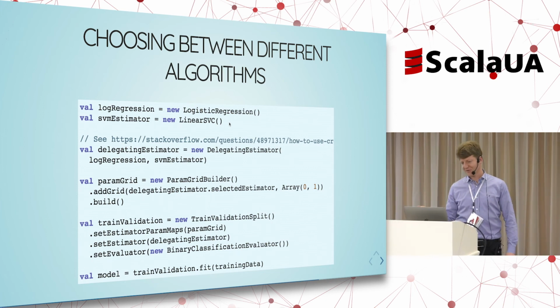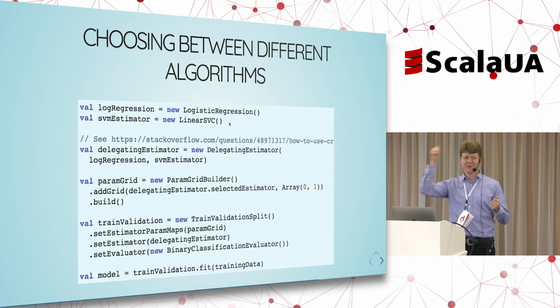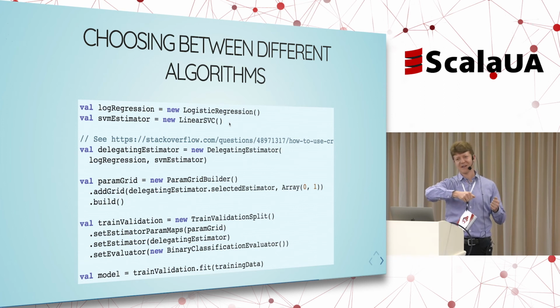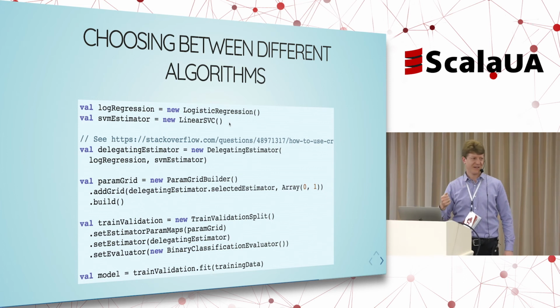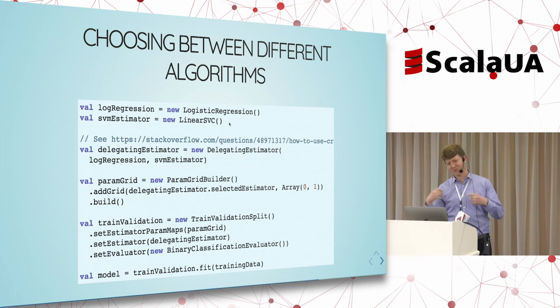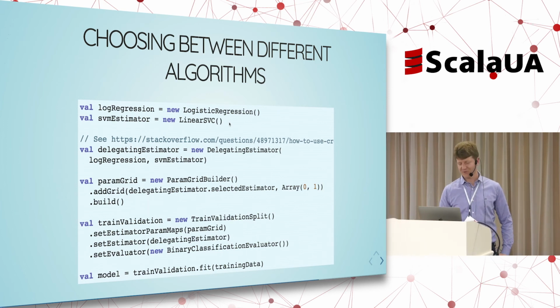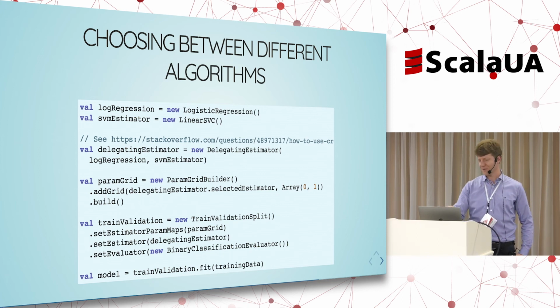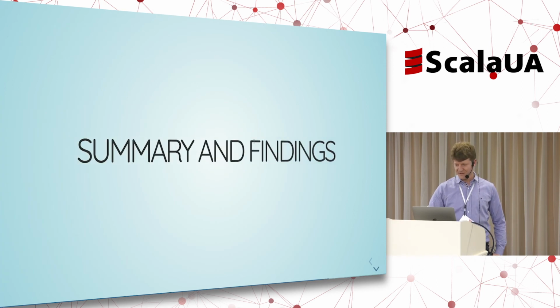But you can work around this by defining an estimator that, based on a parameter, implements one model or the other. As soon as you have such an estimator, you can also use this whole framework to select which algorithm might be best for your problem. I don't want to go into details here. You can find this on Stack Overflow, and these slides are also on GitHub, so you should have no problem finding the link if you're interested.